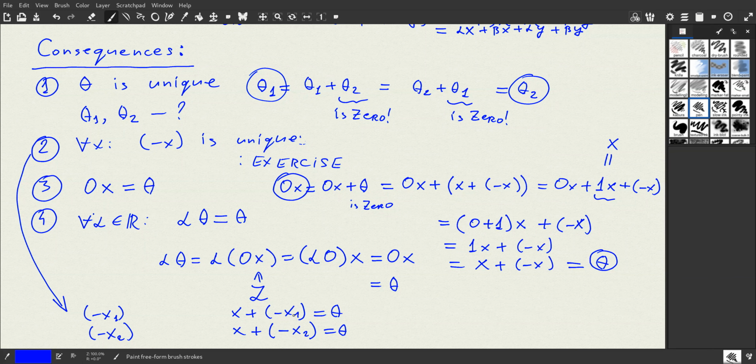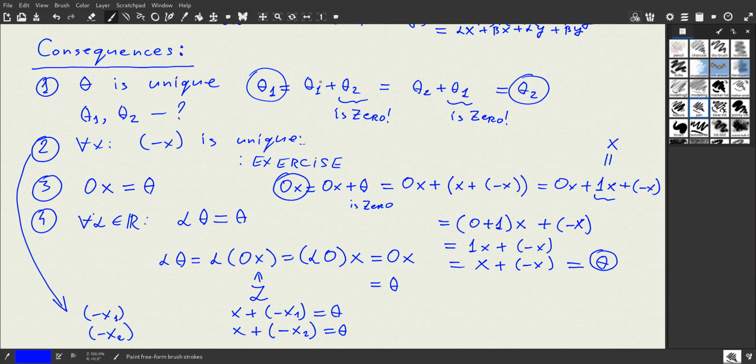Well, if we subtract one equality from the other, we would say minus x1 minus x2 equals theta. It still doesn't say exactly that they're equal, but you are very close to what we need to do.